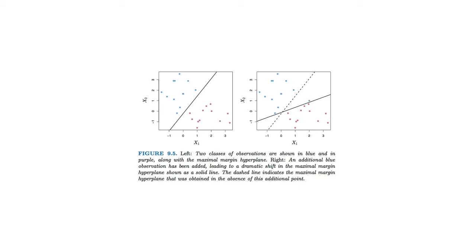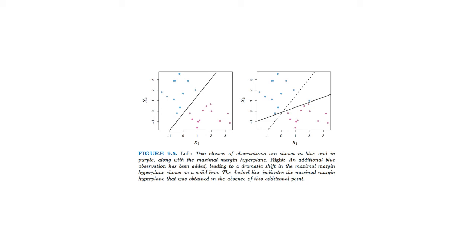One of the problems that you're going to face if you try to use something from the maximal margin classifier is that points near the boundary have potentially a dramatic effect on its shape. Notice in this picture, on the left panel, we start with points that are easily separated, but on the right panel we've simply added one point, and we've had to very drastically change the equation of the line that will separate these points.